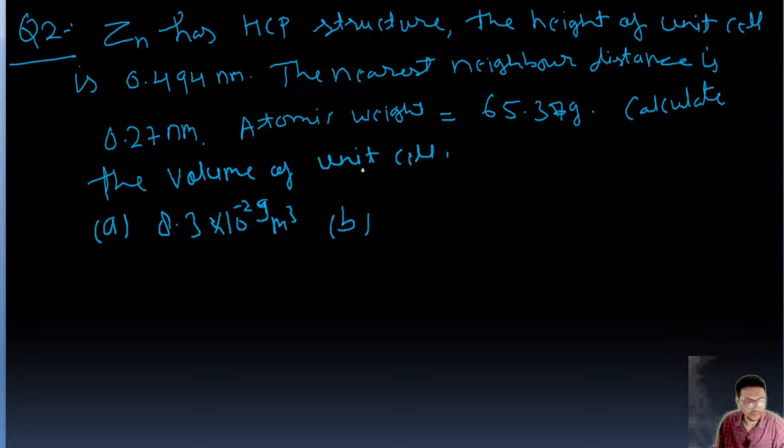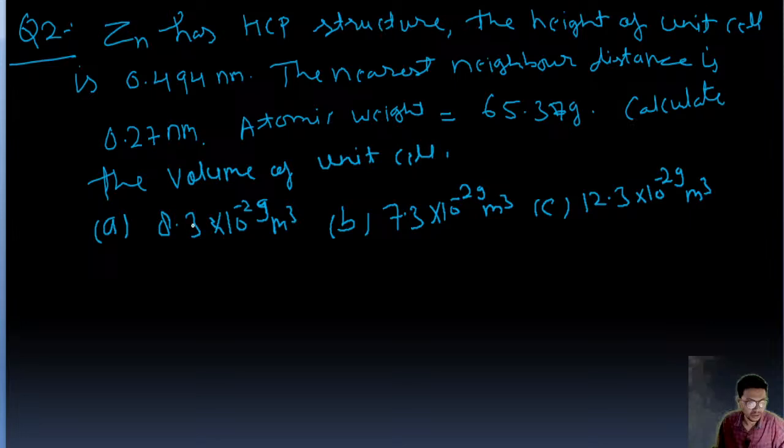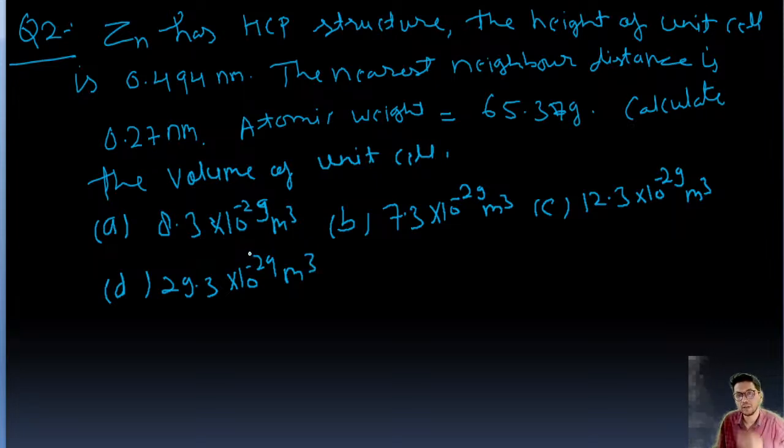Option B is 7.3 into 10 to the power minus 29 meter cube. Option C is 12.3 into 10 to the power minus 29 meter cube, and option D is 29.3 into 10 to the power minus 29 meter cube. These are the options.